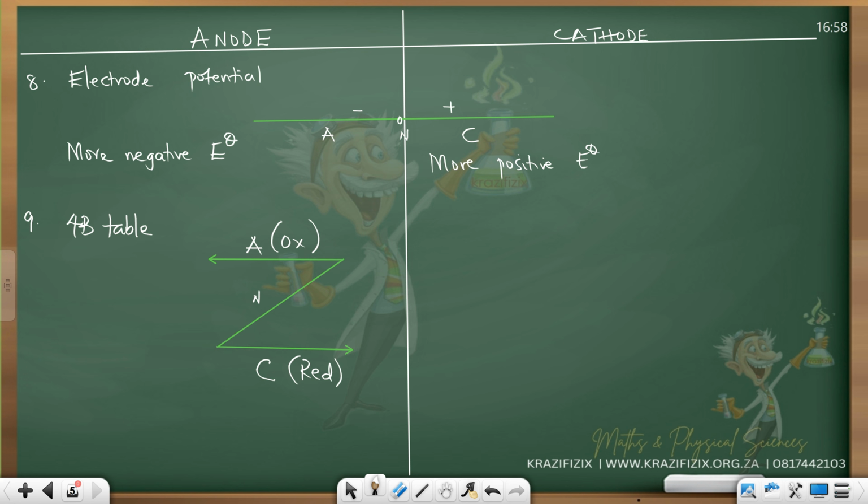The pure one goes to the cathode because I want to cover it with more pure. So electrorefining: at the anode we have impure metal, and here we have the pure metal. Please try to sit with this.